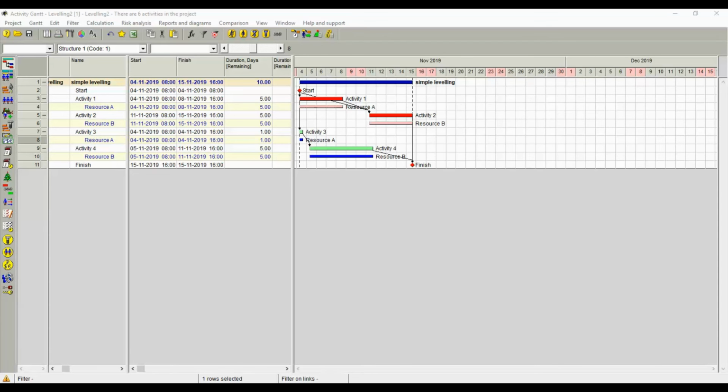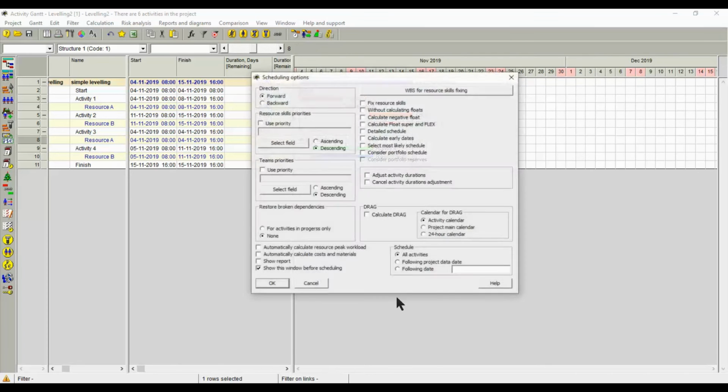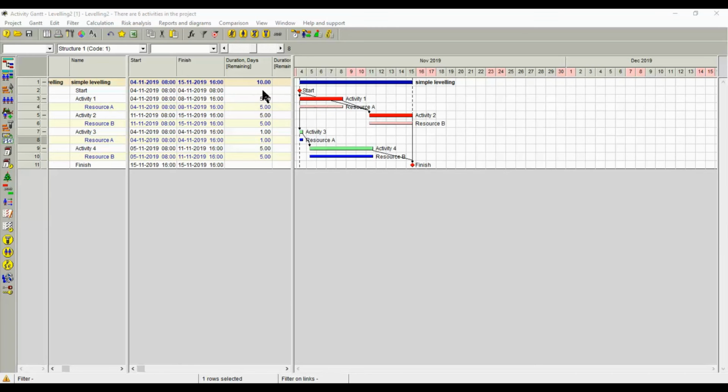Let's look at Spider now. If we load in Spider the same 4 activities, 2 resources schedule, then without resource leveling, it quite expectedly produces the same 10 days result.